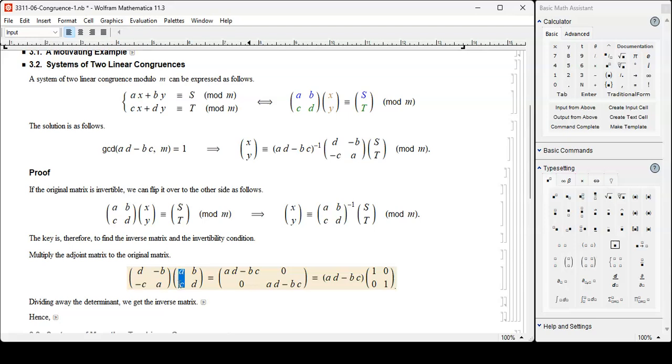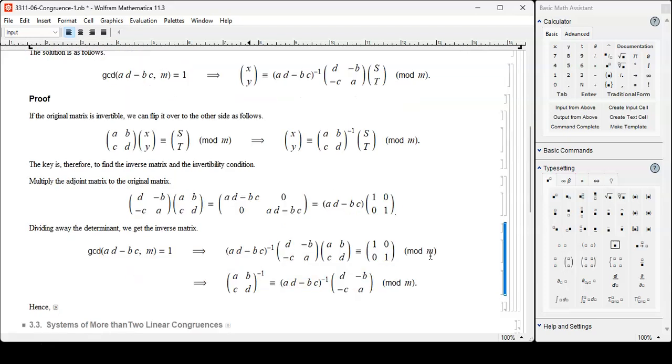Second row, first column, negative CA plus AC, so that's 0. Finally, second row and second column, AD minus BC again. So take AD minus BC out, and we have the identity matrix 1, 0, 0, 1.